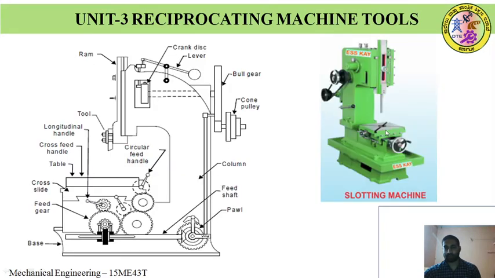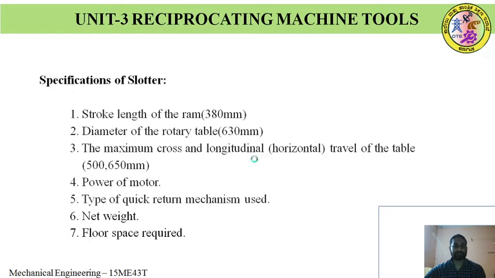Then the power of the motor, the type of quick return motion mechanism used, and the net weight and the floor space required.